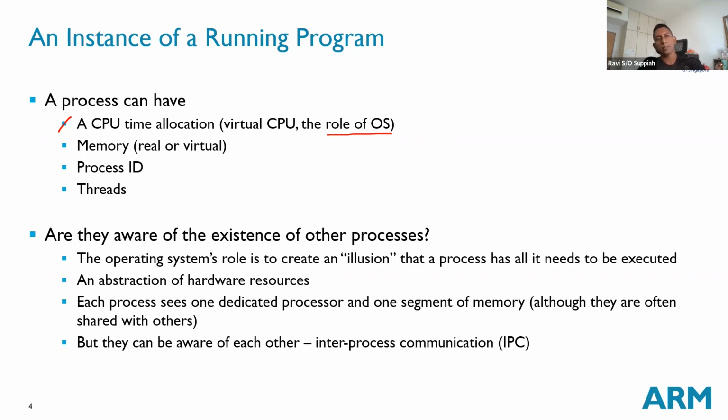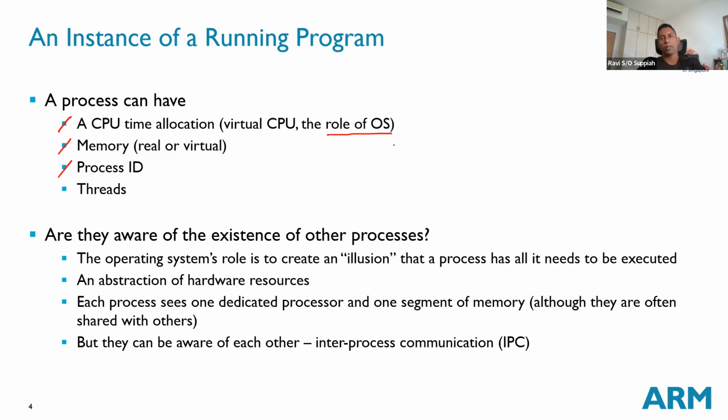At the same time, for your CPU to execute, you also need memory, because you need to hold the software, the execution program, the data, the variables, and so on. So you need some memory. And since I have so many processes running, I need to be able to keep track of the processes. So there's a process ID that has to be allocated to each instance.